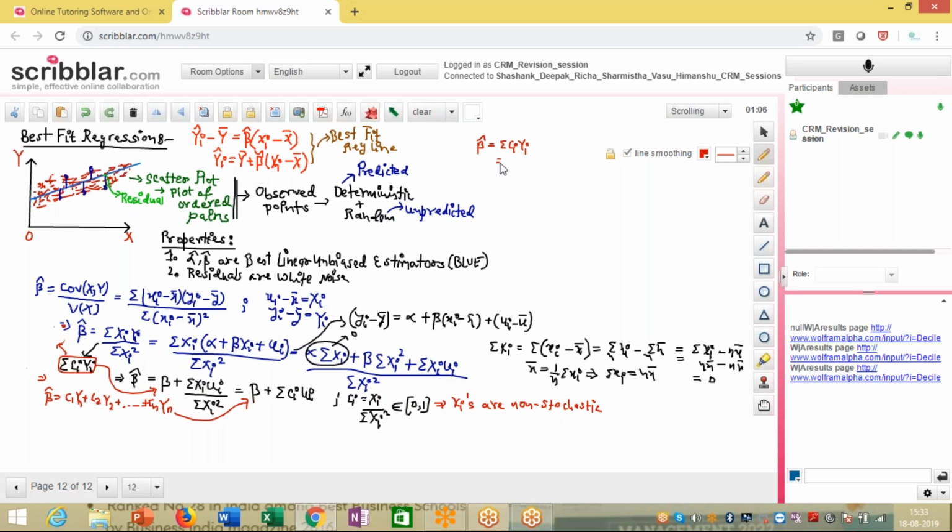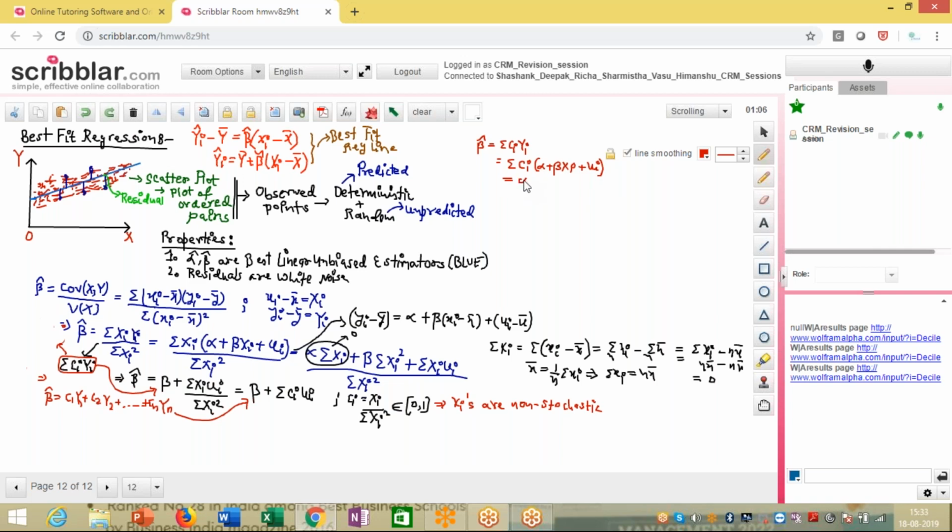So now, if I put this Ci into this alpha plus beta xi plus ui, what will you get over here?